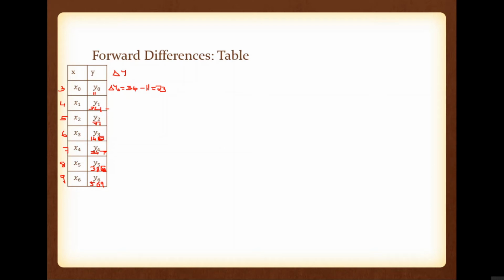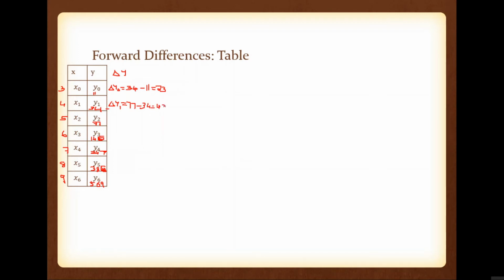Similarly, what about the next one, delta y1? Delta y1 is equal to its next data, 77, minus 34, so that is equal to 43.